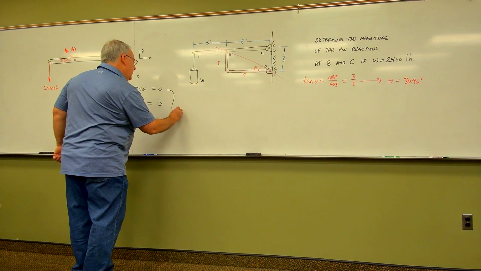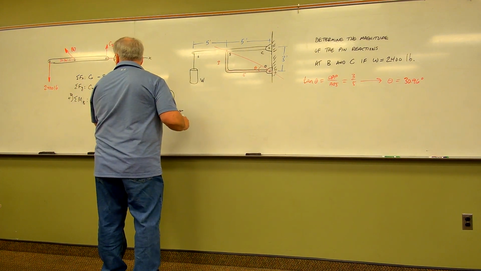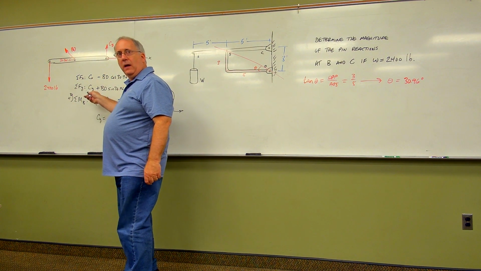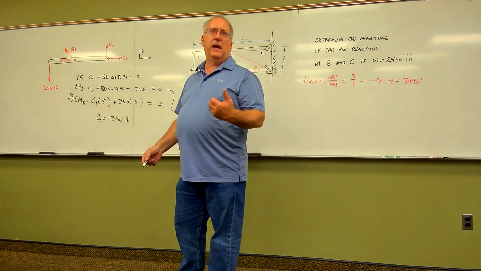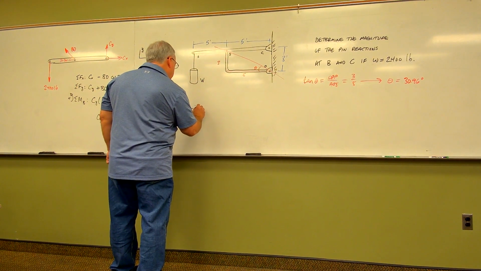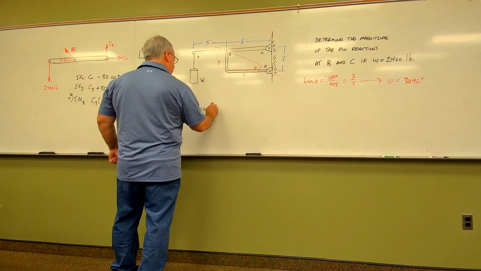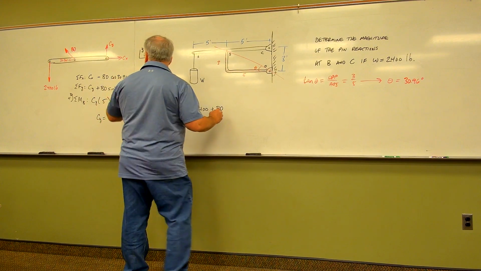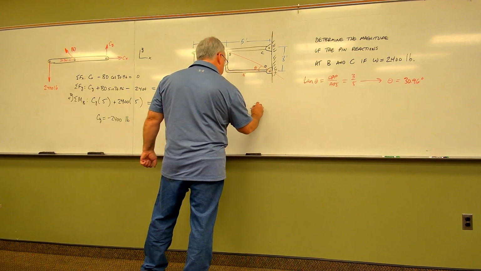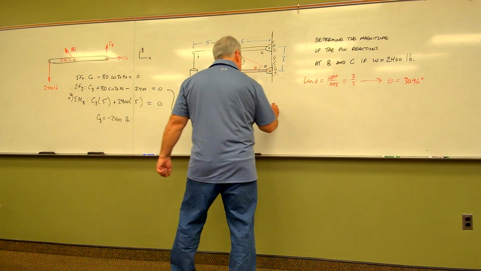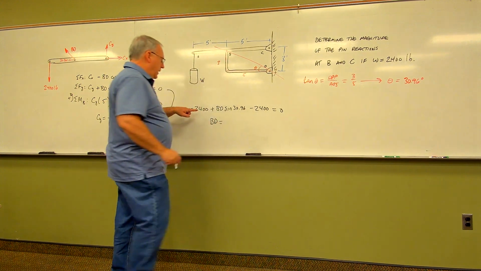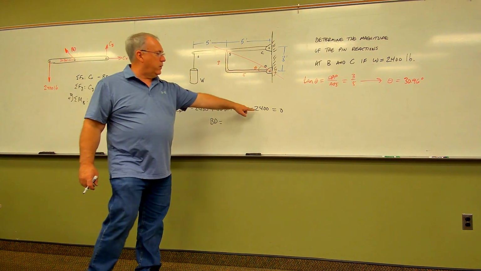But now with that, I can come into this equation right here. If I plug in my Cy here, which is negative 2400, notice here, folks, this is important. That's listed here as positive Cy, but the value of Cy that we calculate is negative 2400, so we've got to carry that through our math. So I'm going to have minus 2400 plus BD sine 30.96 minus 2400, minus another 2400, is going to be equal to 0, which means that BD, therefore, is going to be, when I move that to the other side of the equal sign, it's going to become positive, so will that one, so they're going to add together.